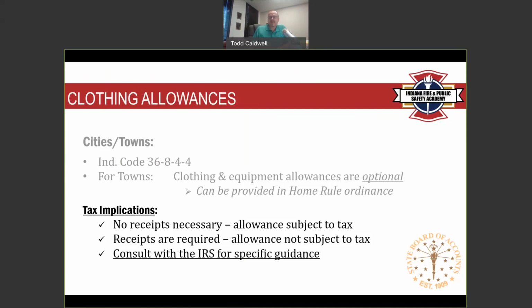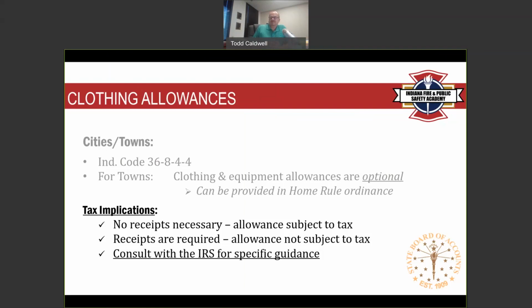If you do get your money and you have to turn in some receipts that show that you used it for fire-related clothing or whatever, it's our understanding in that situation where you have to turn in the receipts showing what you purchased, that is not taxable.